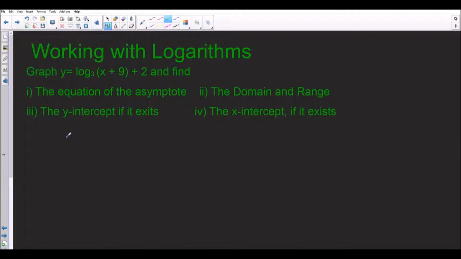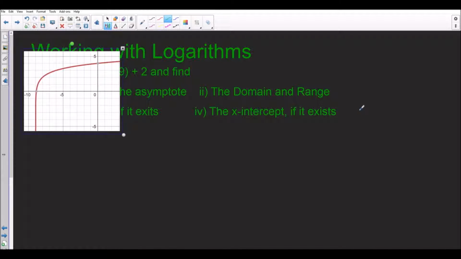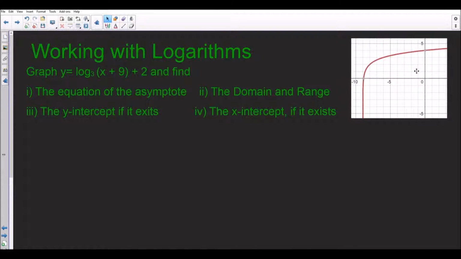So we're going to try graphing a logarithmic function. The first thing you need to do is type it into your graphing software. To graph this, I actually had to go into functions, and then into another function bar to find log with a little a underneath, so that you can put the base in.